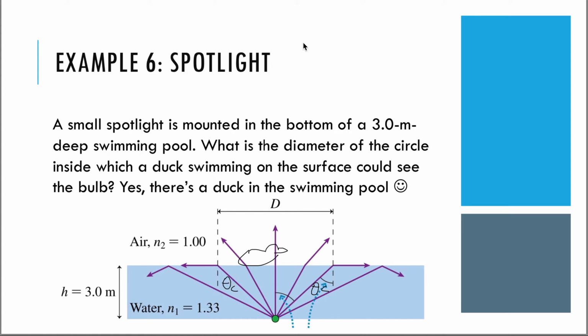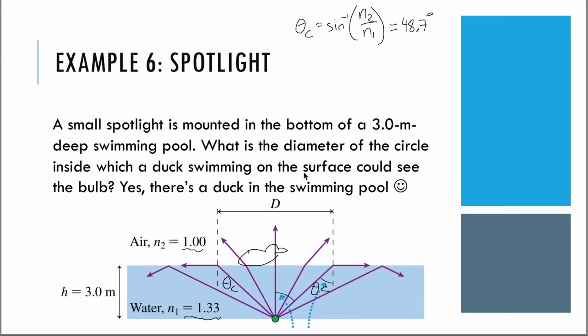So the critical angle is going to be equal to the inverse sine of n2 over n1. N1 is going to be the water, 1.3. N2 is going to be the air, 1. So plug in those two numbers, and we're going to get 48.7 degrees for this critical angle.